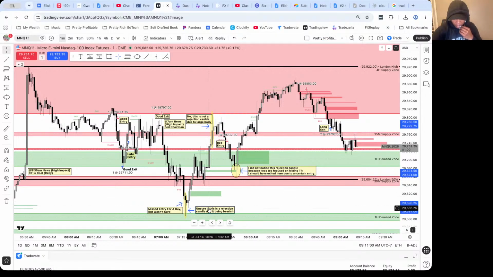Unsure if this is a rejection candle due to it being bearish.